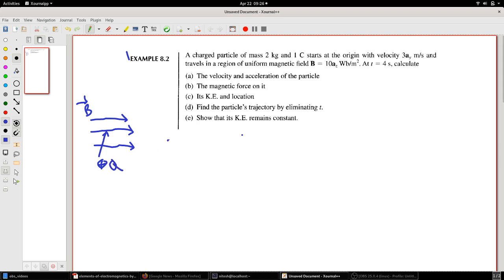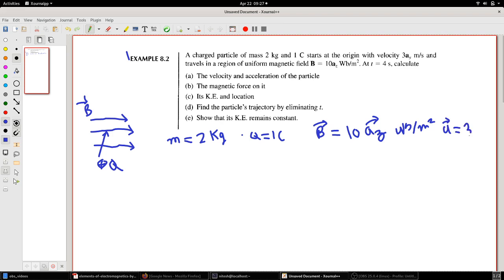Mass is given as 2 kg and your Q is 1 coulomb, and you have been given uniform magnetic field B as 10 az Weber per meter square, and you have velocity at t equal to 0, the initial condition velocity, as 3 ay meters per second.